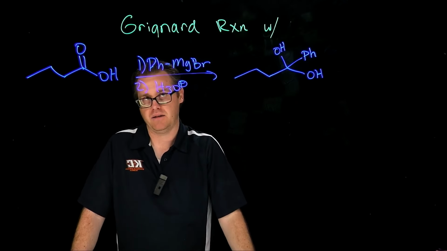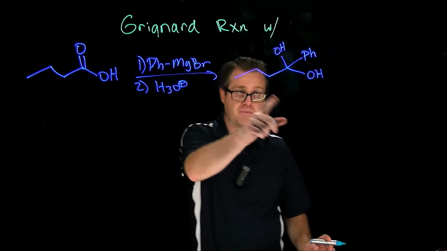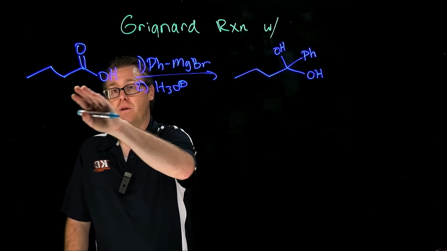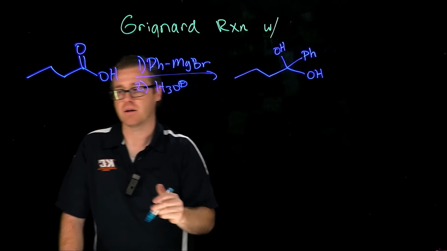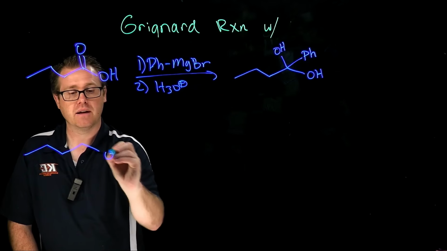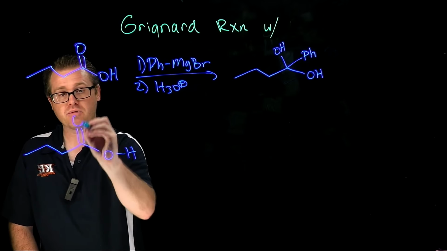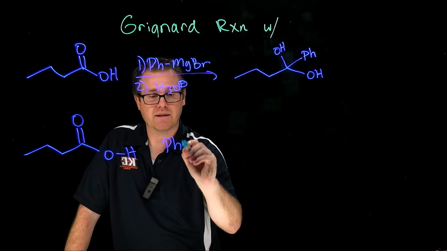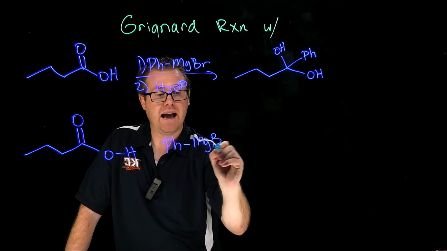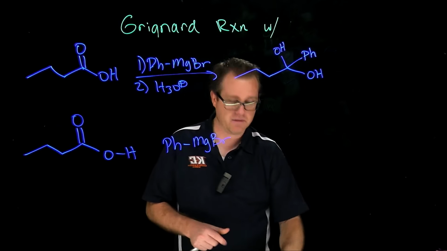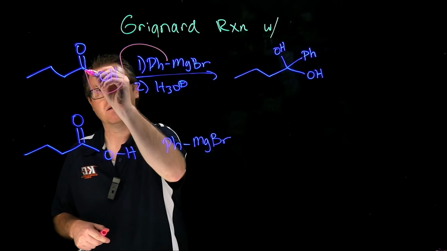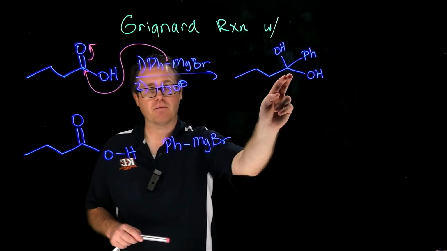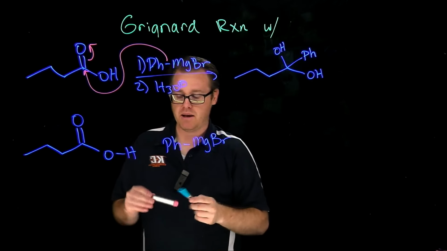That's what we would want to have happen. That's what we're envisioning. But this reaction is not compatible. You cannot treat Grignard reagents with carboxylic acids. It doesn't work. And the reason why it doesn't work is because we have already shown previously that the Grignard reagent is basic. So instead of doing this nucleophilic attack that we hope would happen, that's what we envision would happen to form that product, but it doesn't do that because what do we have here?